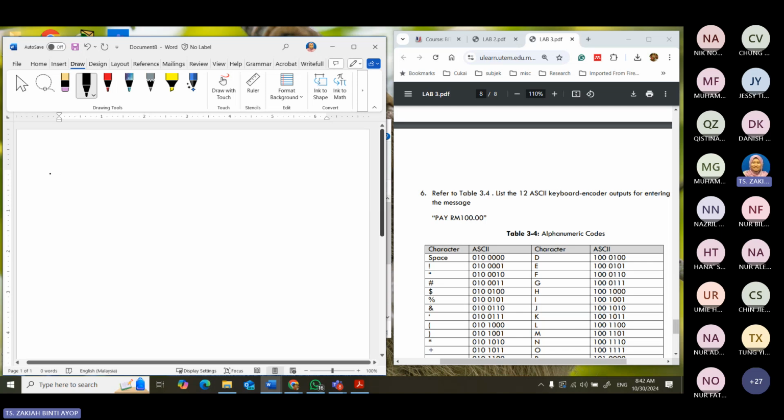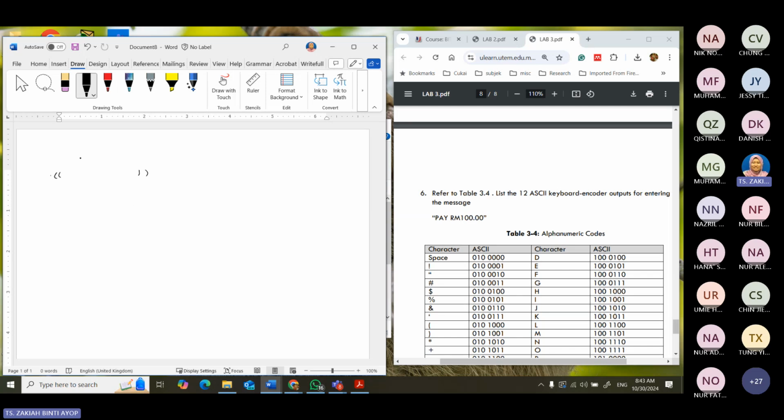So the message starts from the PAY. Start from P. So the inverted commas are ignored because that's a symbol to indicate. If it's an open quote, it means that the message starts here. And then if the close quote comes after that, it means that the message ends here.